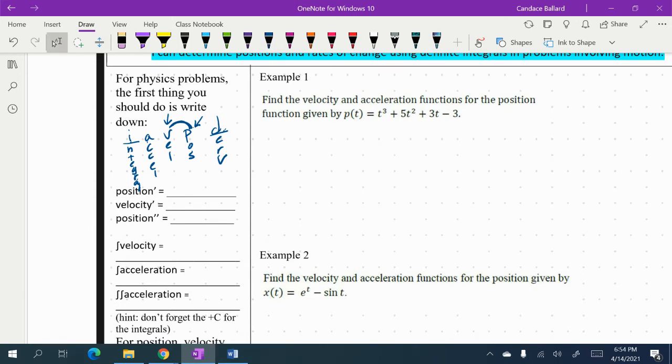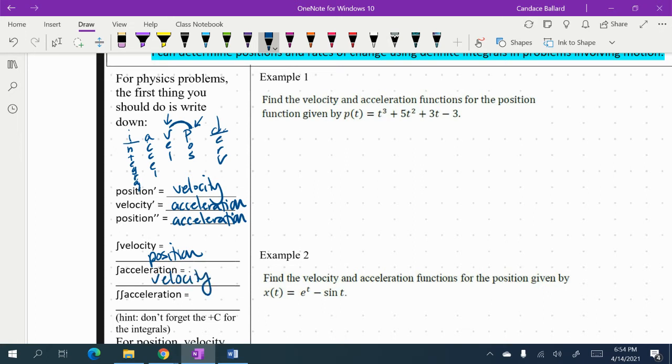Just as a review, the velocity is the first derivative of the position. The acceleration is the first derivative of the velocity. And the second derivative of position is also the acceleration. Now, thinking about the integral, the integral of velocity is position. The integral of acceleration is velocity.